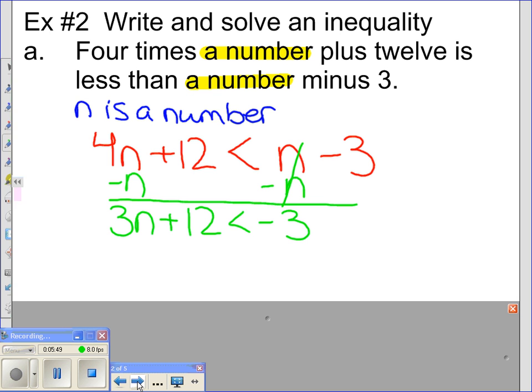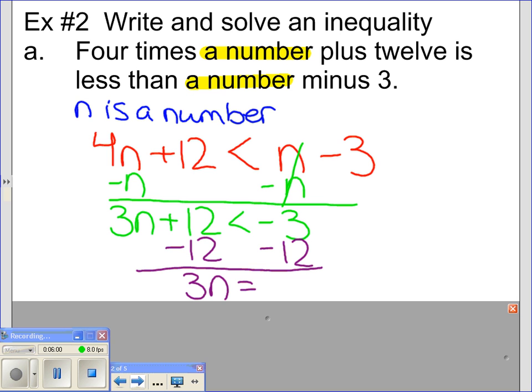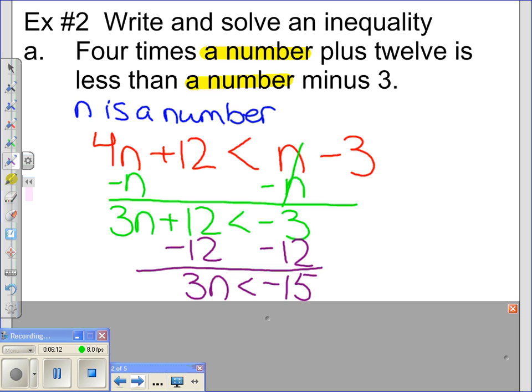Next up, right, the 12. Minus 12 from both sides. So 3n, not equal. Fix that. 3n is less than negative 3 minus 12 is negative 15.